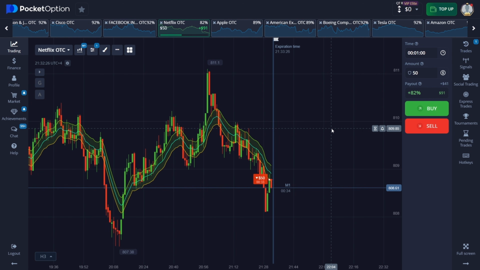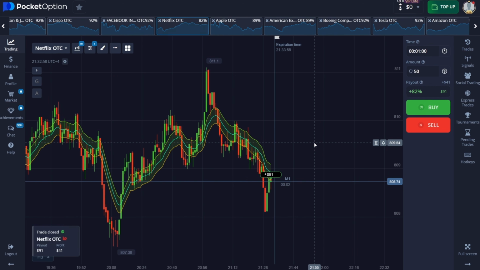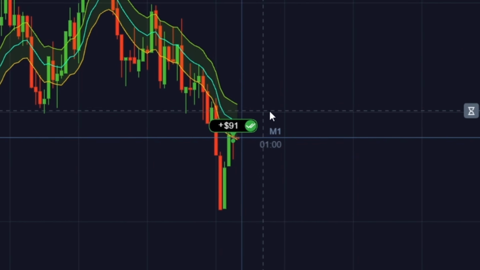As you can see, our trade is going in our favor right now, but with only 30 seconds left, we won our first trade of this compounding session.